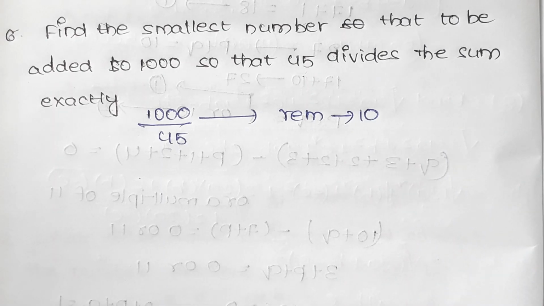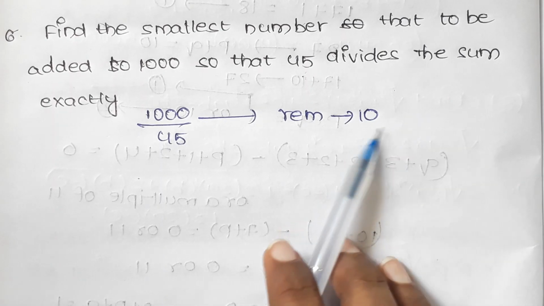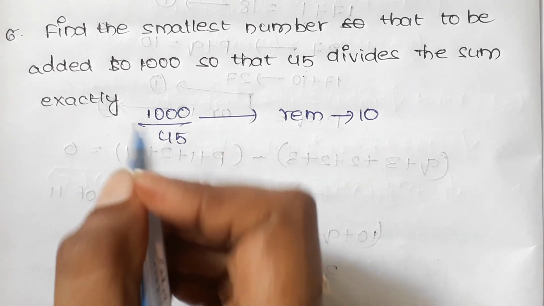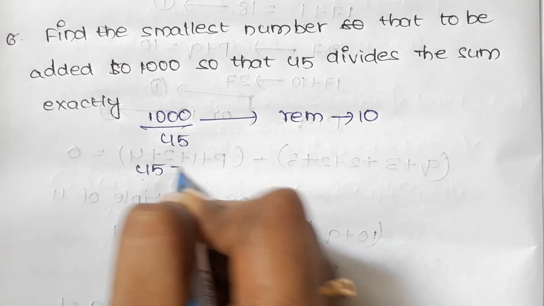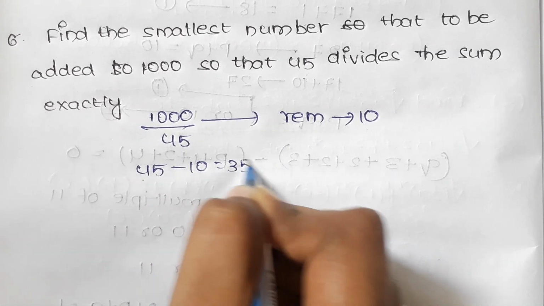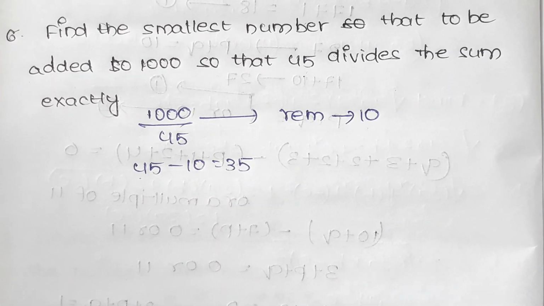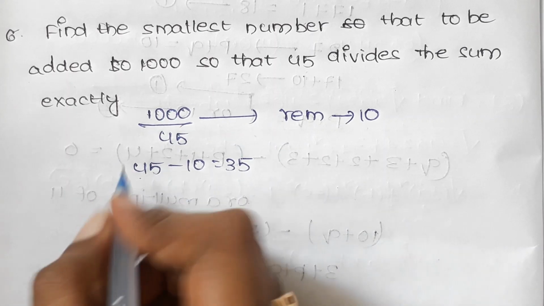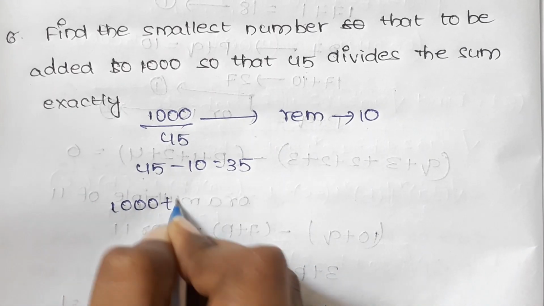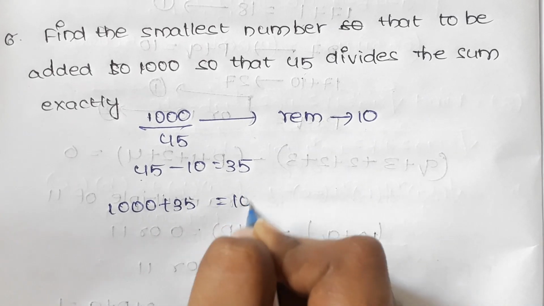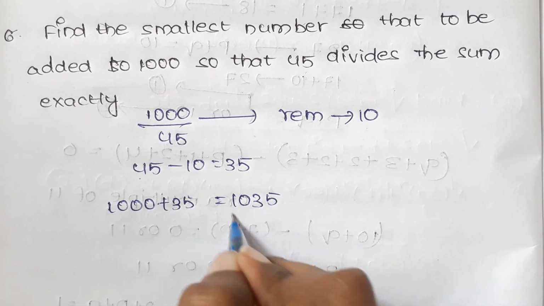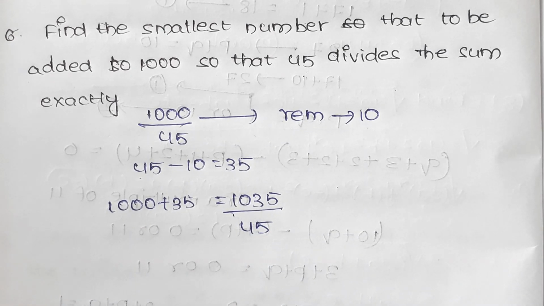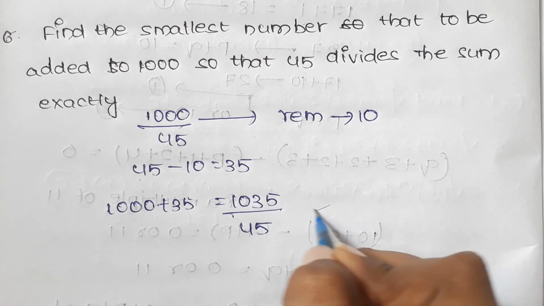So in order not to get this 10, we should subtract it from 45, that is 45 minus 10 equals 35. So for this 1000 we should add 35. 1000 plus 35 is 1035, and now it is exactly divisible by 45, and the number required is 35.